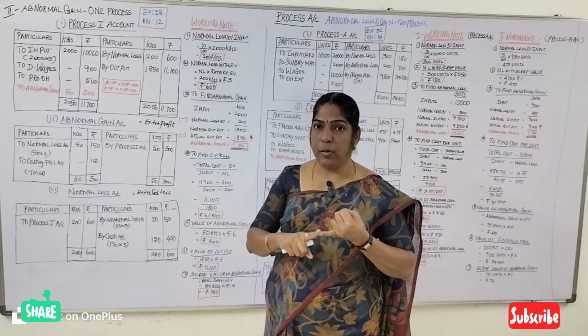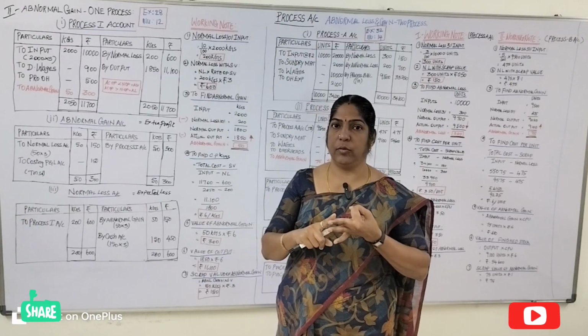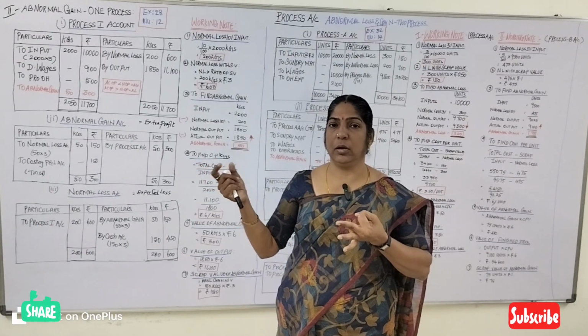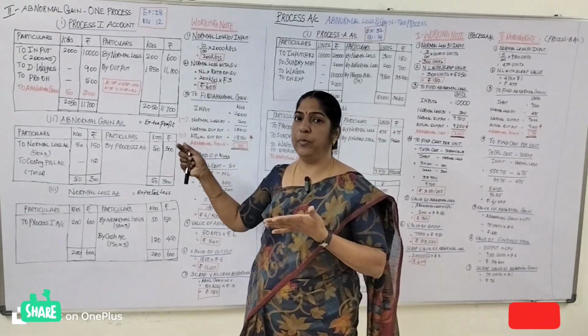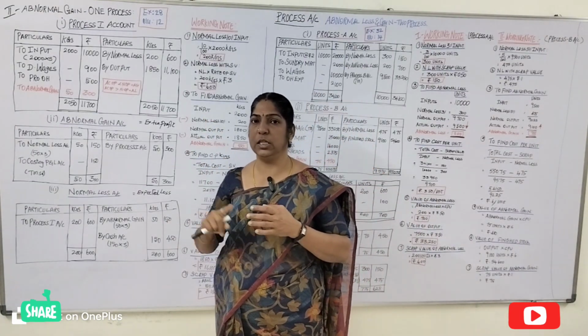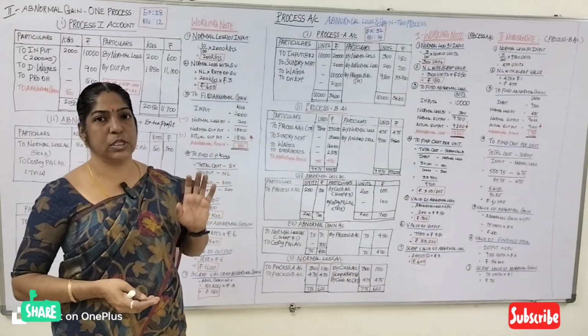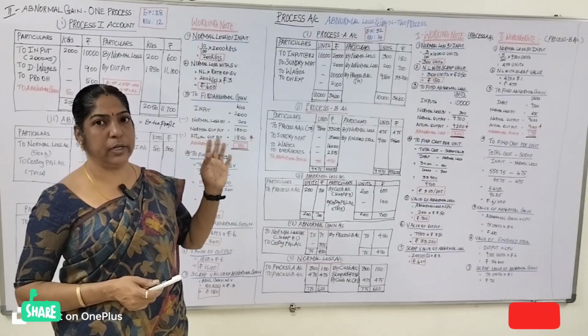Normal loss, abnormal loss, output, then closing stock and finished goods. These 4 items we have to prepare in the process account; they will show on the process account, debtor and creditor side.